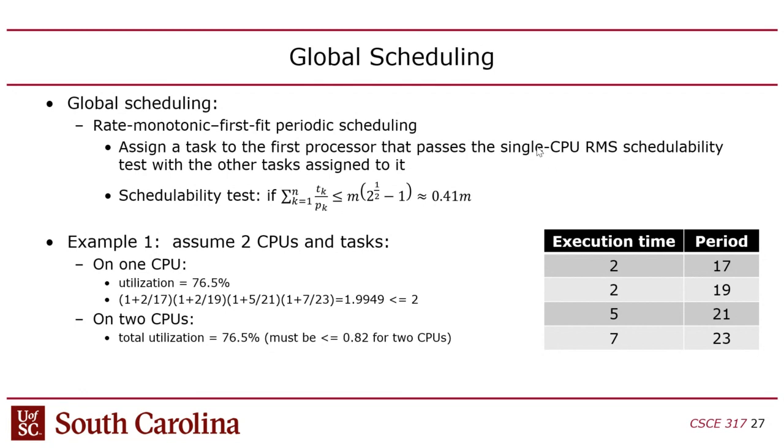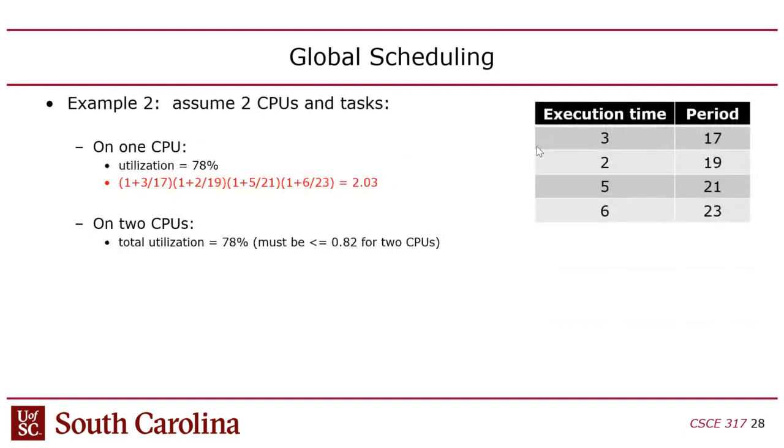It's basically a partitioned approach at the beginning, where you assign each task to a processor based on the RMS, but you do it in a greedy way. And then once you make the assignment, you keep all those tasks on their assigned processors. So it's not real smart. Then there's an EDF version of this, and this one has a weird bound.